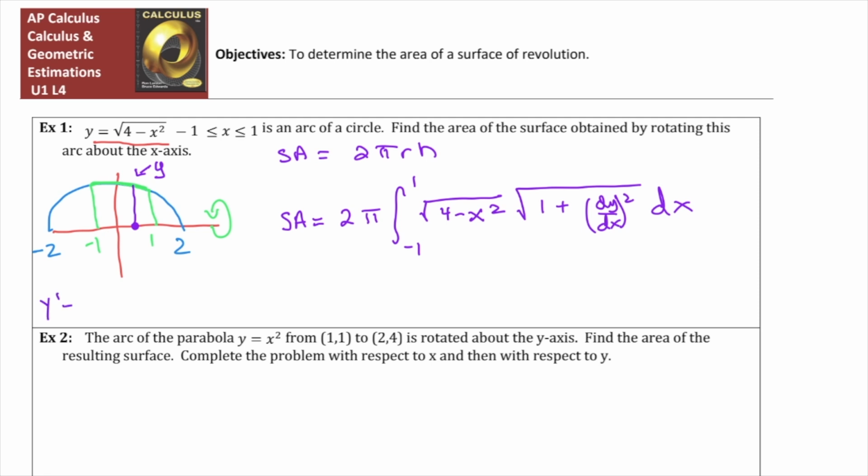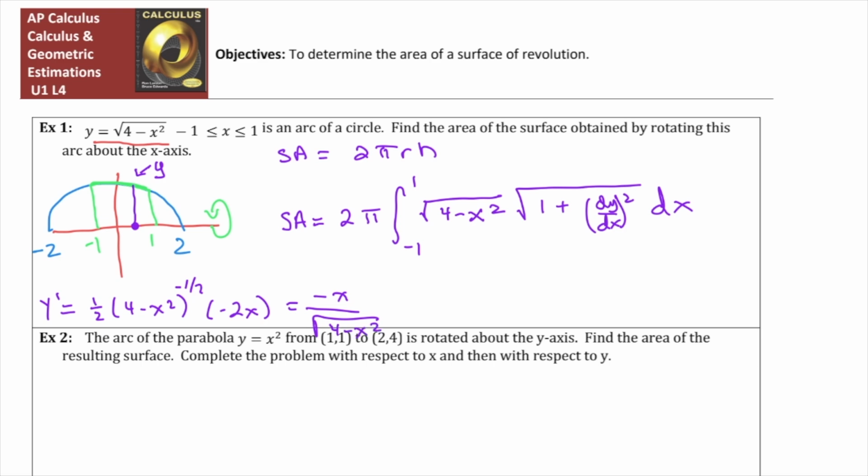Y prime, using your chain rule, 1/2, keep the inside. Here's your 4 minus x squared to the -1/2 multiplied by our -2x. Simplify the problem, and we now have -x over the square root of 4 minus x squared.